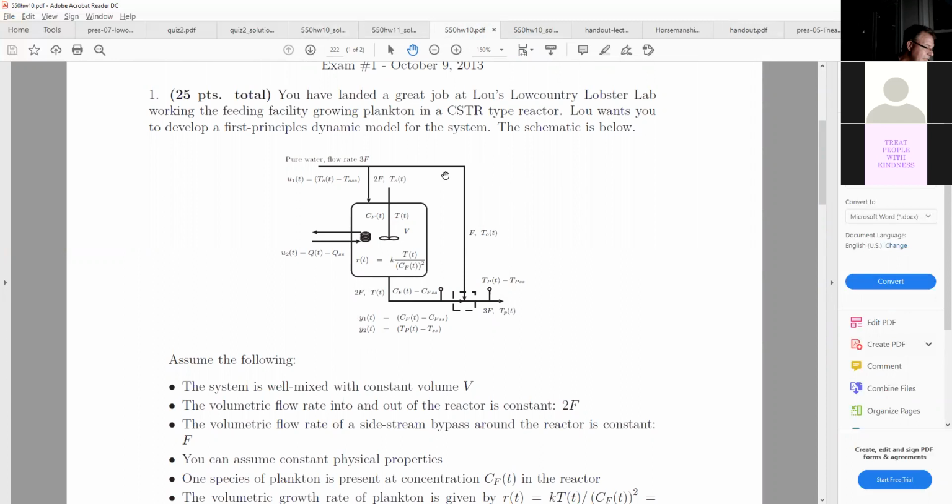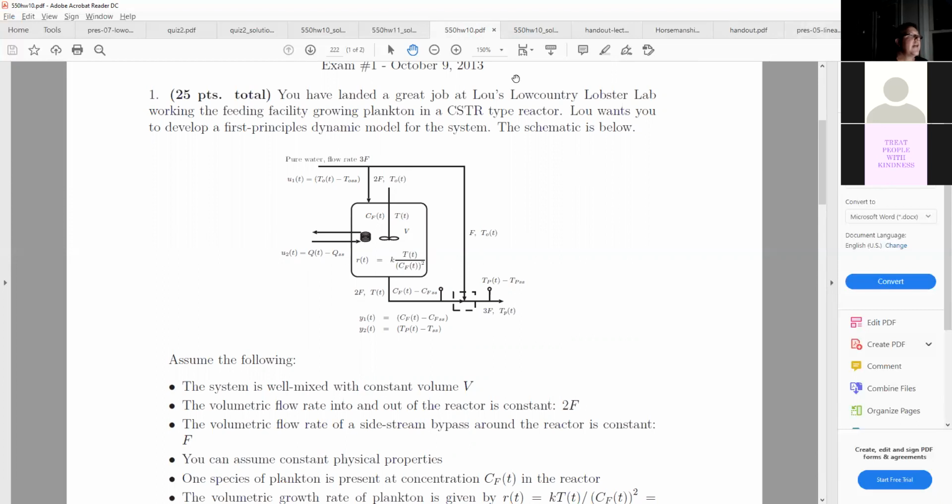So with lead lag, we're starting out, writing the equations and putting them in the right form, but we're not worried about the response of this system yet. Does that make sense? So we're writing the equations that detail how the concentration and temperature could change over time.